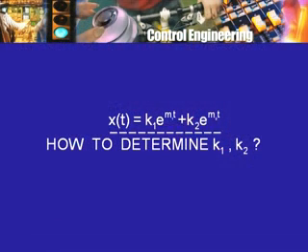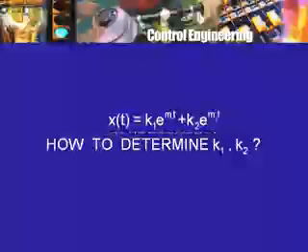So given the initial values x0 and dx0, how do I determine the coefficients or parameters k1 and k2? In other words, for the solution I have x of t equal to k1 e raised to m1t plus k2 e raised to m2t. This is x of t.